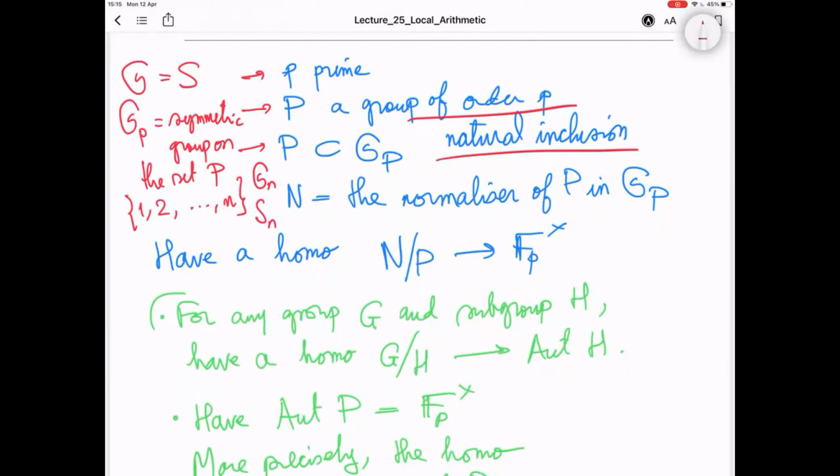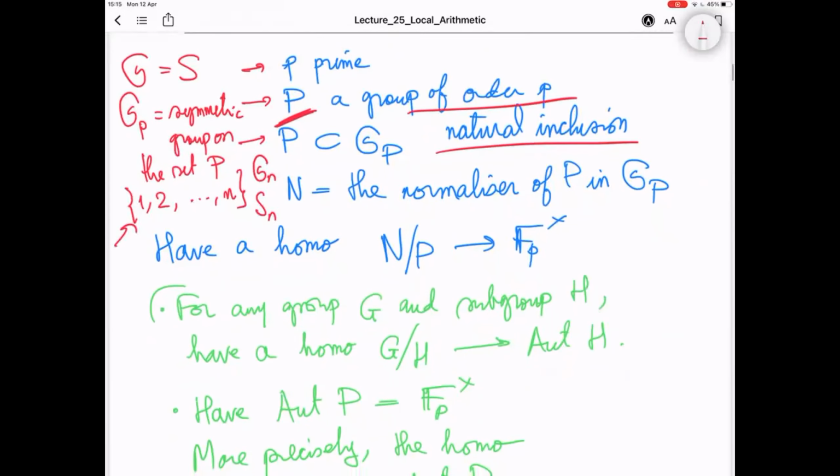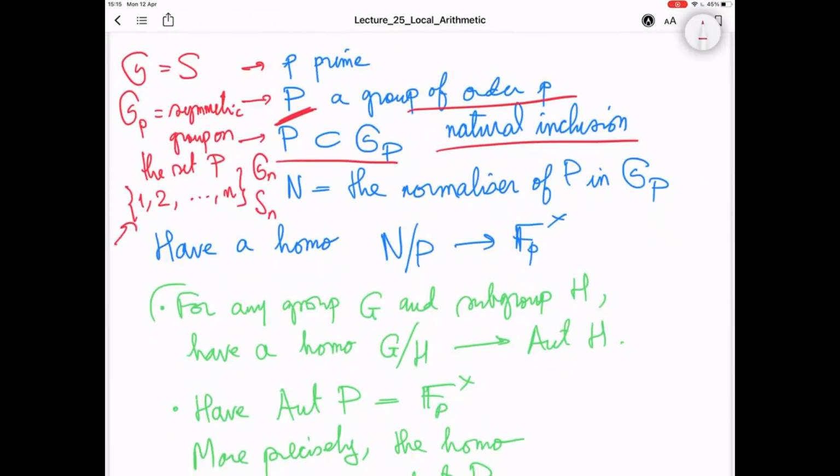But obviously, you can take any set instead of this set. And my set happens to be the set P, which happens to be a group. But the advantage of this is that then I can think of P itself as a subgroup of S_P, by the natural inclusion, left translations, right?